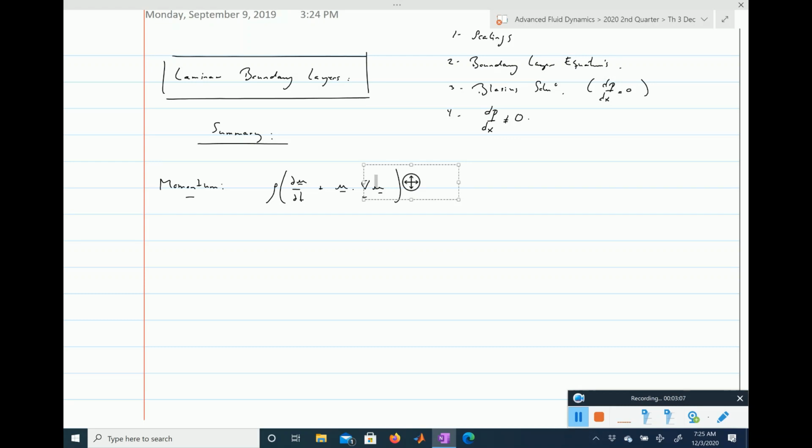That is the material derivative, and this is equal to the sum of all of the external forces, first minus the pressure gradient, which corresponds to the pressure force, which is a surface force, plus mu times the Laplacian of the velocity, which corresponds to the viscous term, plus our body force term.